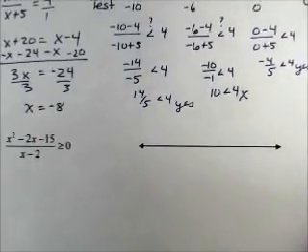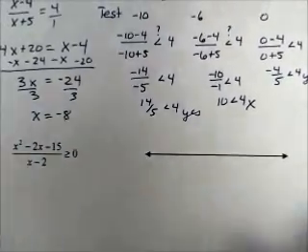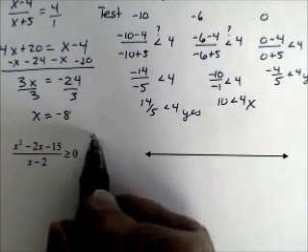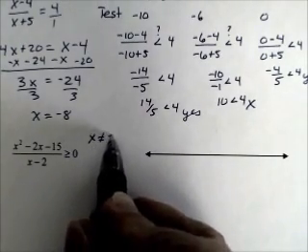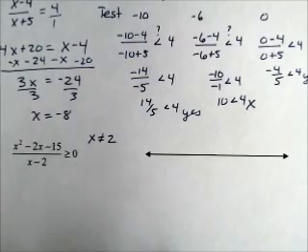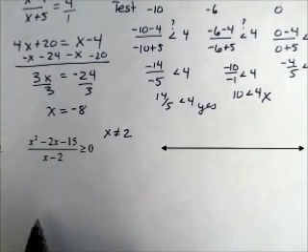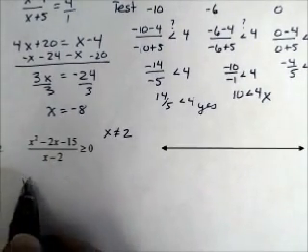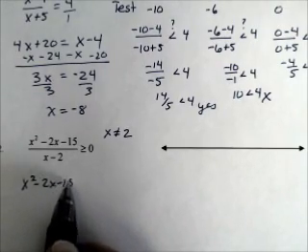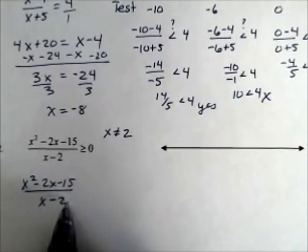Number 2, our first critical value, x cannot equal 2. Next, we'll solve this as if it's an equation. So let me write this as an equation.